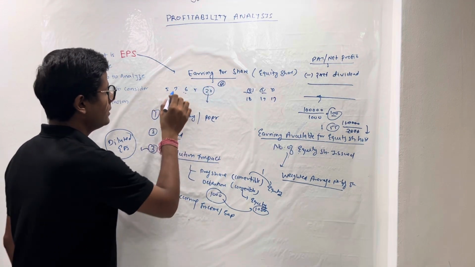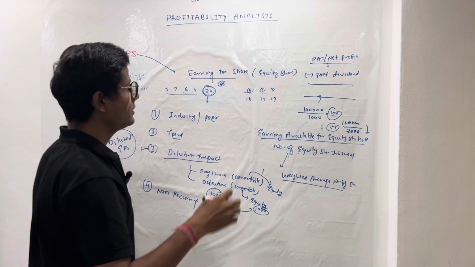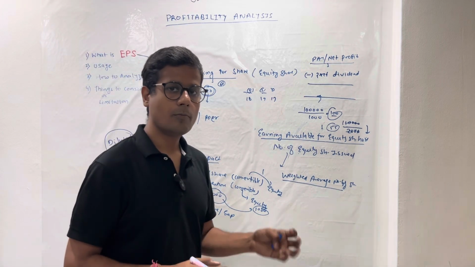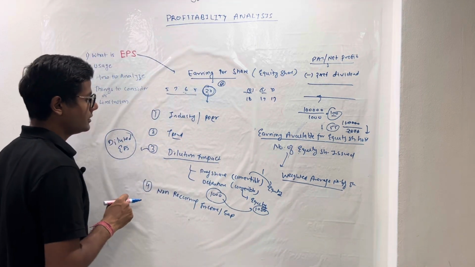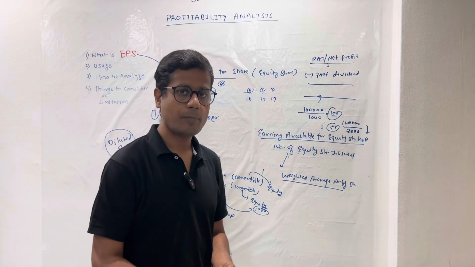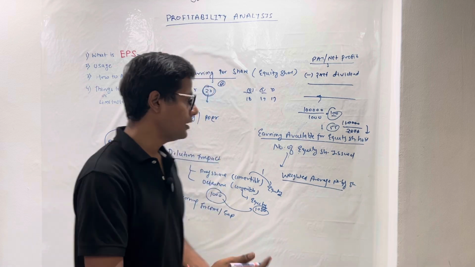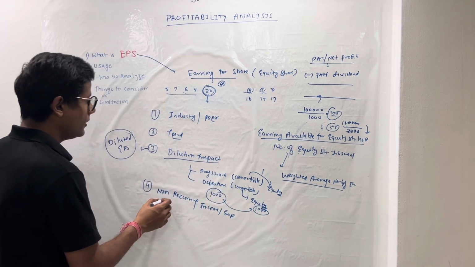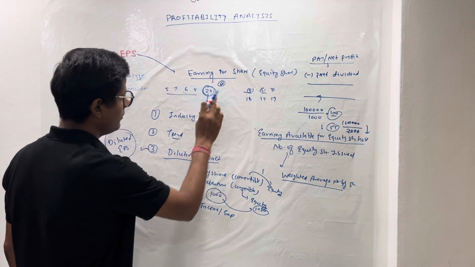You need to first understand the trend, and if it is an unexpected increase or an unexpected decrease, you need to go back and analyze the detailed profit and loss to see why it has increased. There may be a chance that one-time profits have happened, which is non-recurring income or non-recurring profit. Those non-recurring profits or income are causing this sudden increase in the EPS.